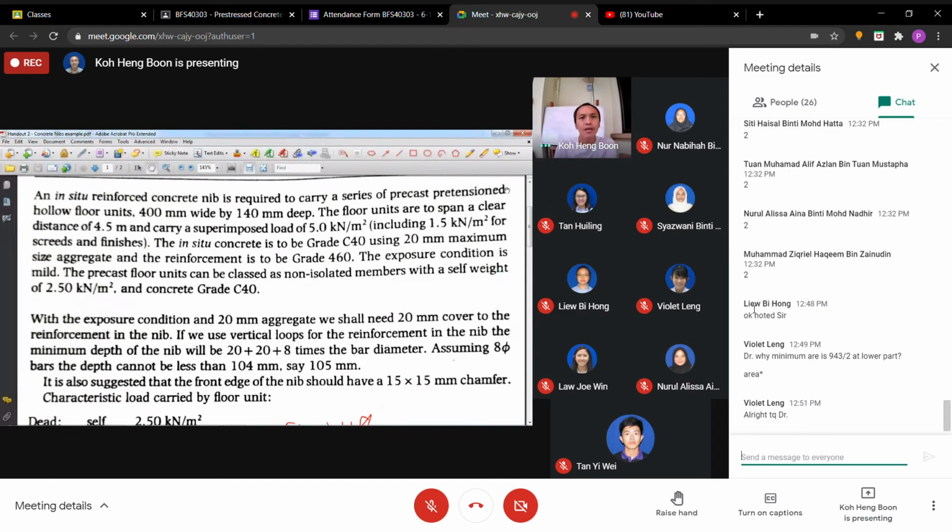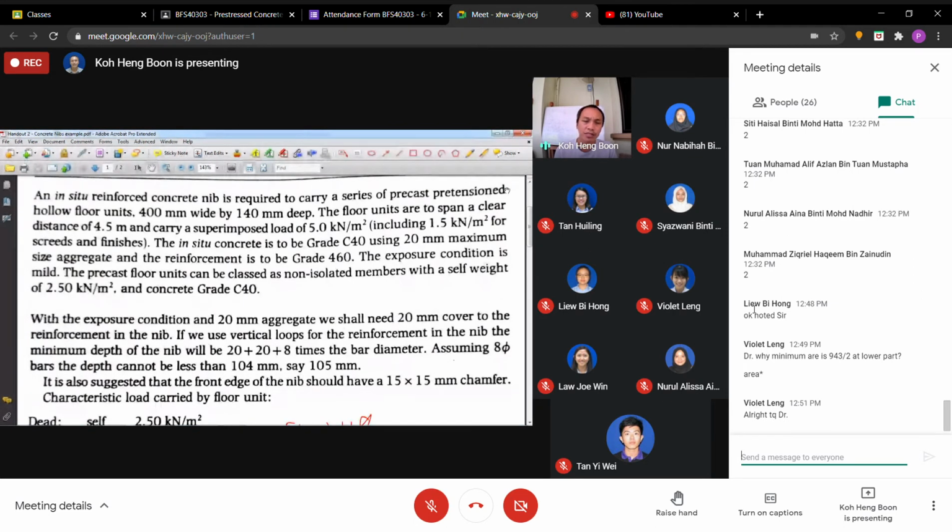The in situ concrete is to be grade C40, meaning fcu grade 40, using 20 mm maximum size aggregate, and the reinforcement is to be grade 460, fy 460, and the exposure condition is mild.